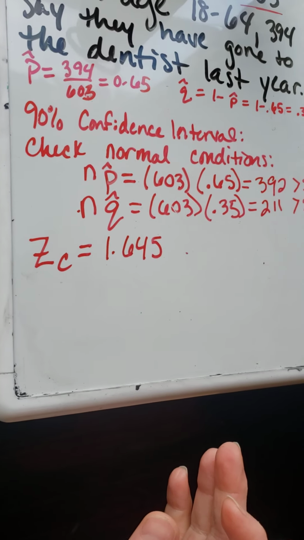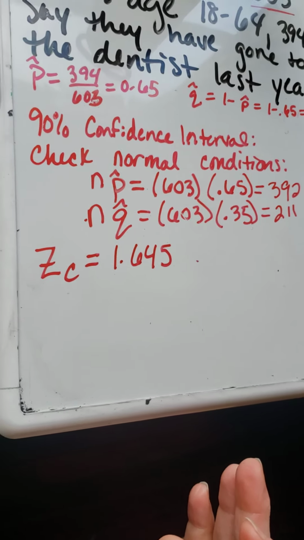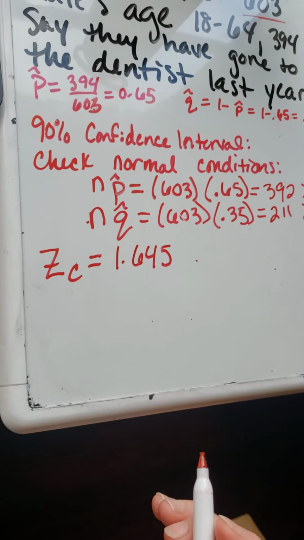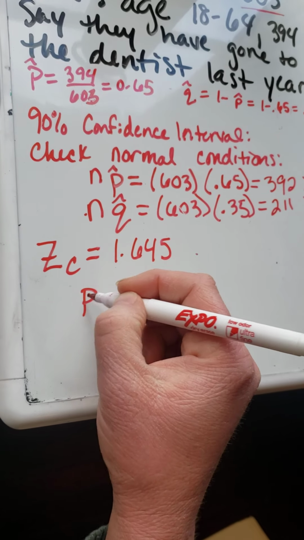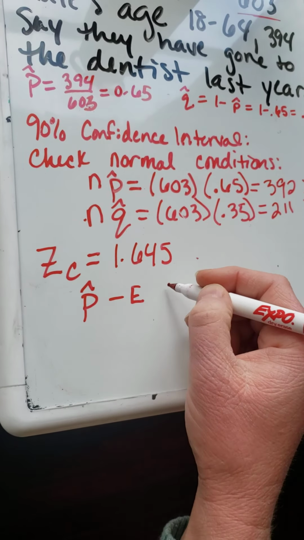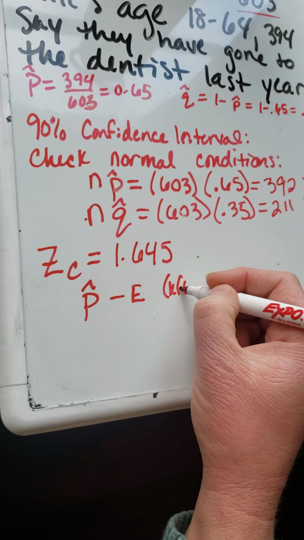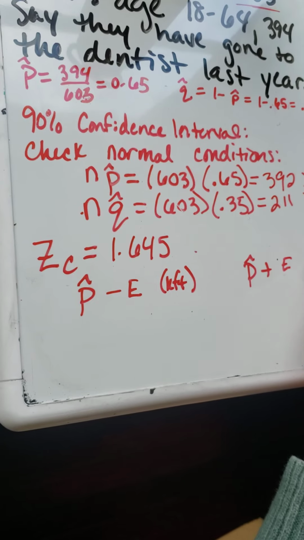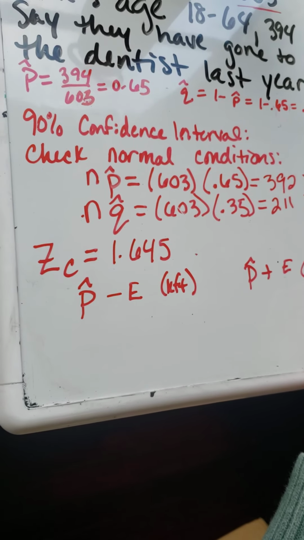And so then we need to get the left and right endpoints to form the 90% confidence interval. And remember that's from taking p hat minus E for the left, and p hat plus E for the right endpoint.